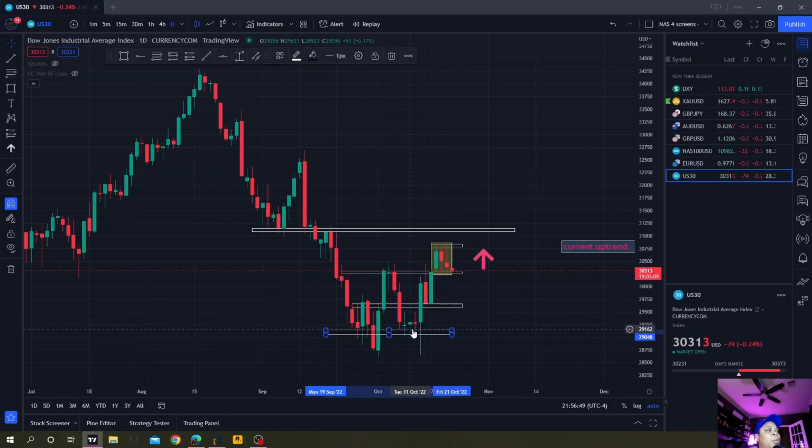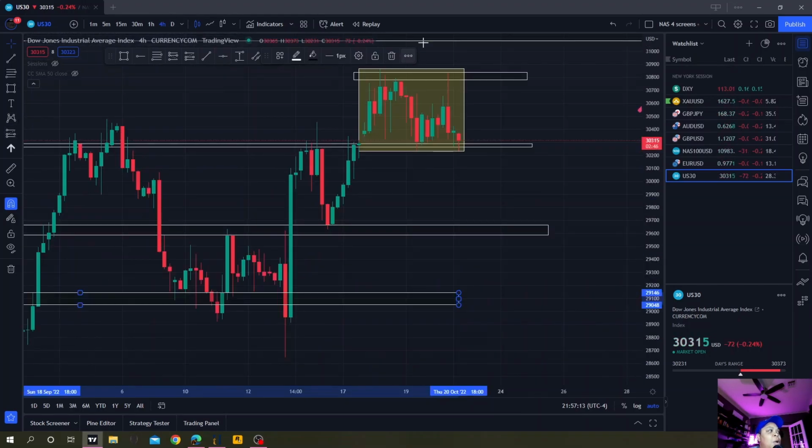So my support I have leveled out here at 146-ish. And then I have other levels marked up, but we're going to say this is an uptrend because we're making higher lows and higher highs. So I got my trend bias on the daily.